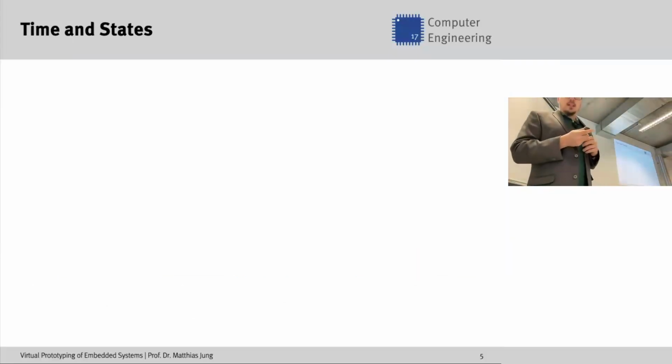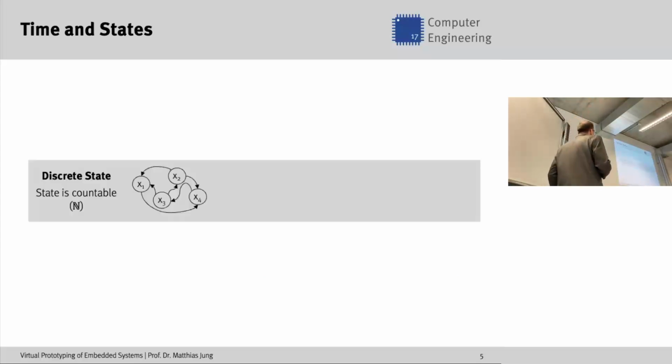Okay, let's talk a little bit about time and state. I think you know that because you studied computer science in the past. When we talk about states, we usually have discrete states. So we can model this, for example, with a state machine, and the states are countable. Yeah?